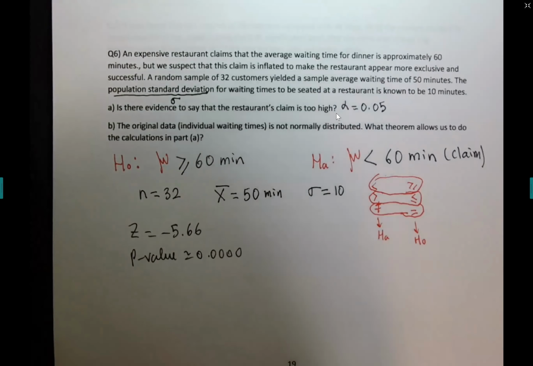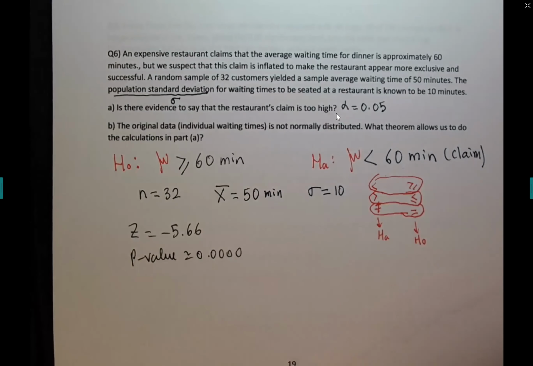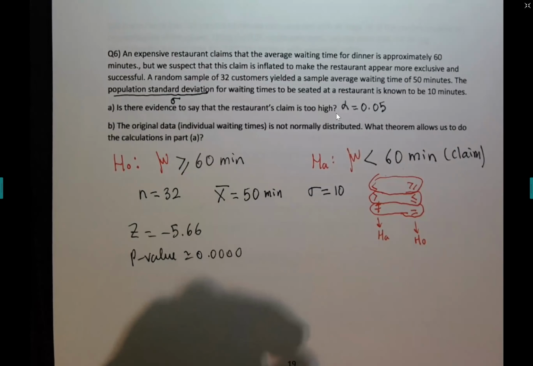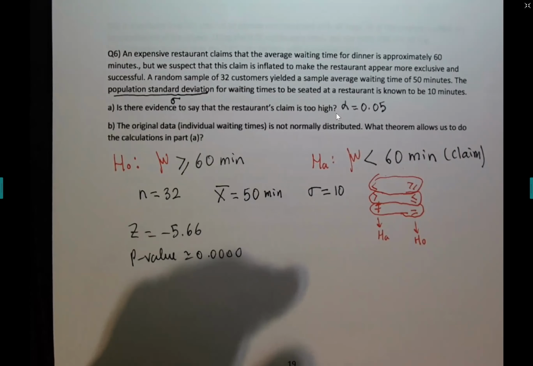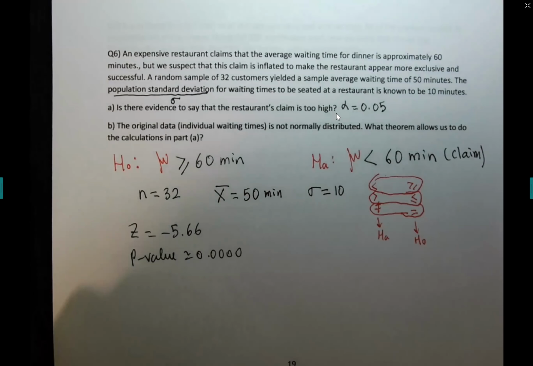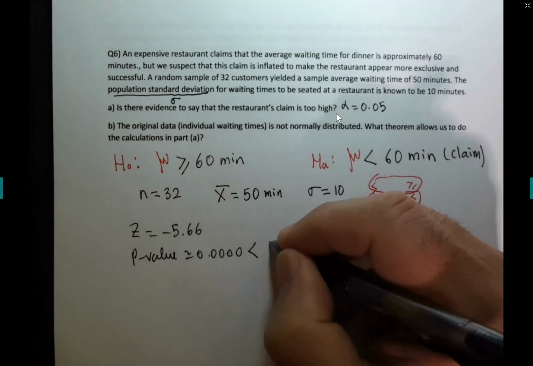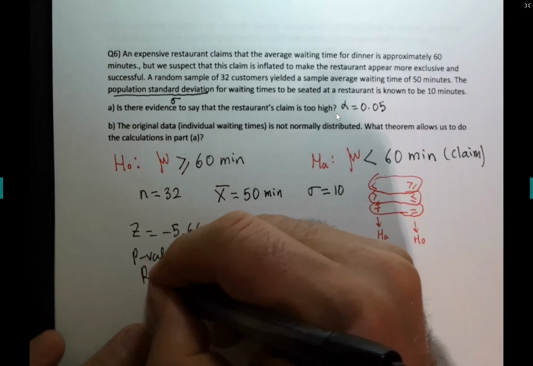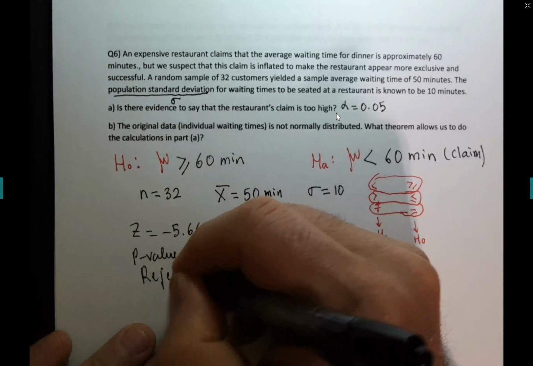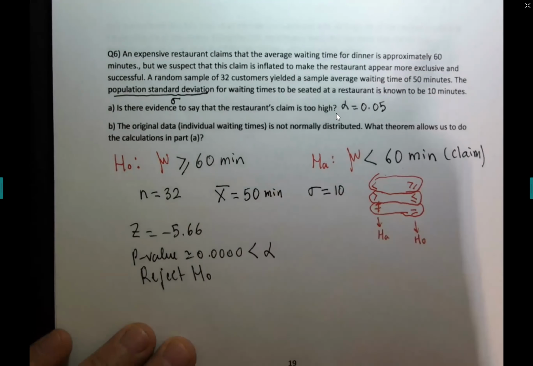Okay. Look, just try to remember this slogan here. P-value low, HO must go. It means if the p-value is less than alpha, you reject the null hypothesis. P-value low, HO must go. That's less than alpha, we reject HO. There you go.